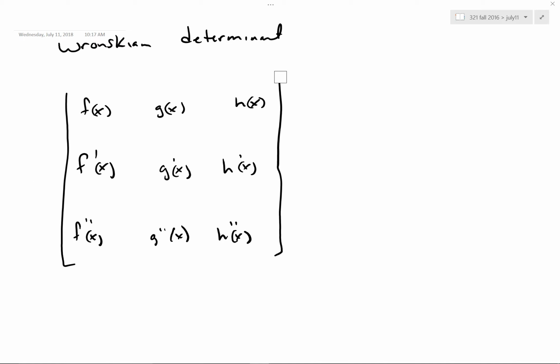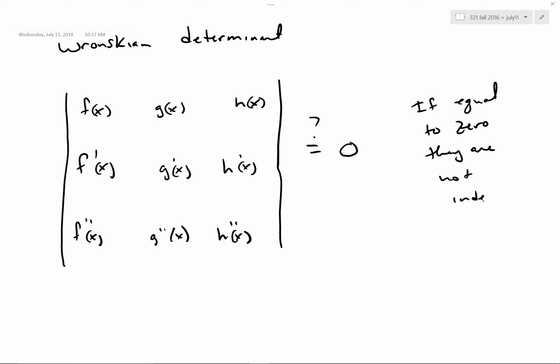If I simply find the determinant of this matrix, and again we show determinant like this, the question is if it equals 0. If equal to 0, they are not independent, or if you prefer, they are dependent.